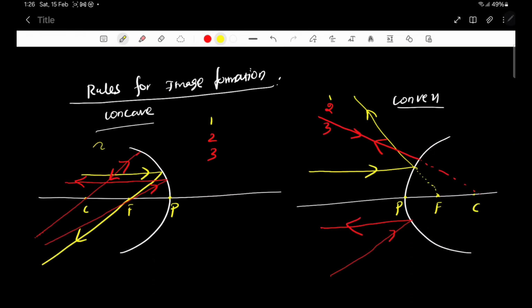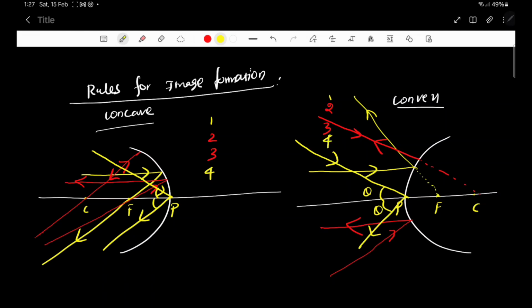Okay, and rule 4. If any light ray is directed towards the pole, after getting reflected, whatever the angle that light ray is making with the principal axis, the reflected light ray will also make the same angle. It's rule 4. I will draw rule 4 here also. So these are the 4 rules we have.